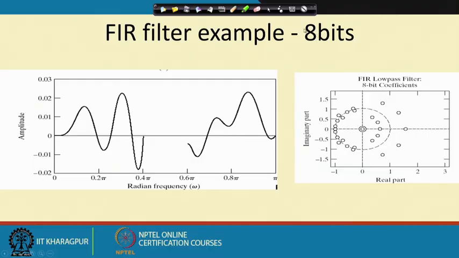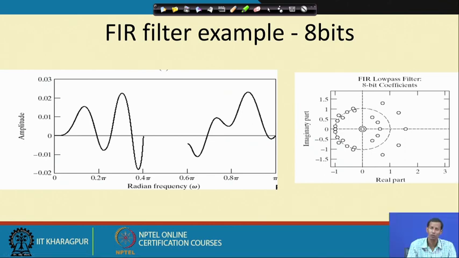So, to avoid that, we need to consider the corresponding word length. What is the benefit here? If each of the coefficients is of 8 bits, the hardware for doing the constant multiplication will be less.